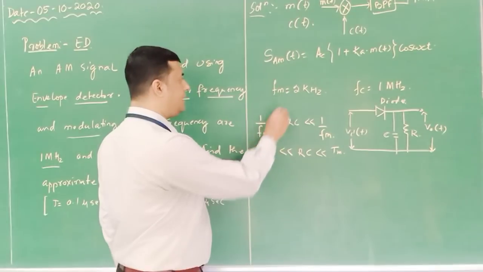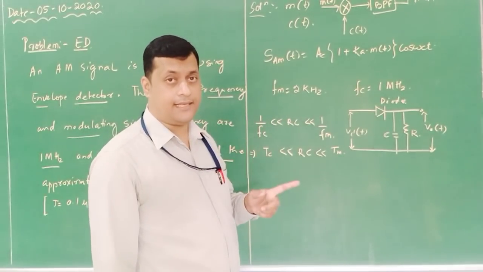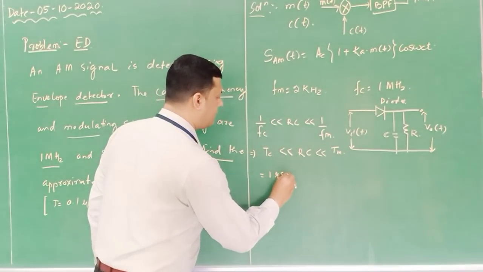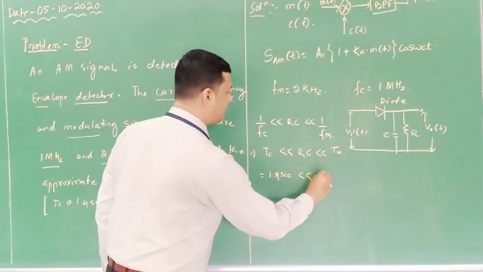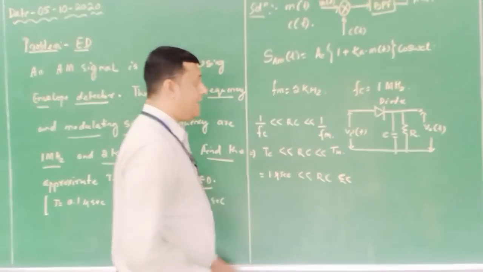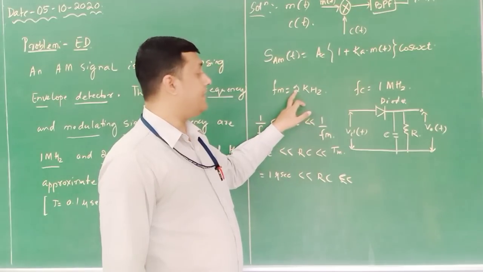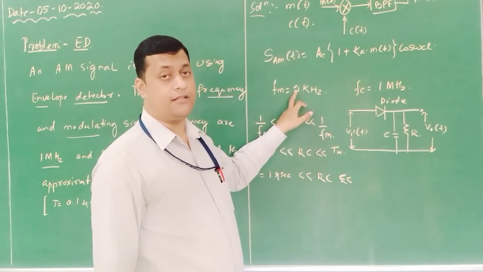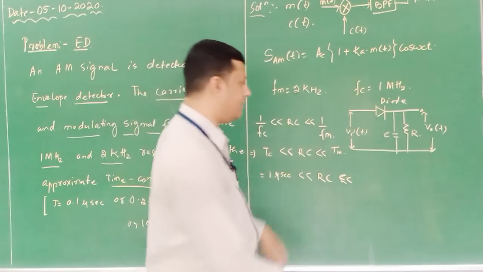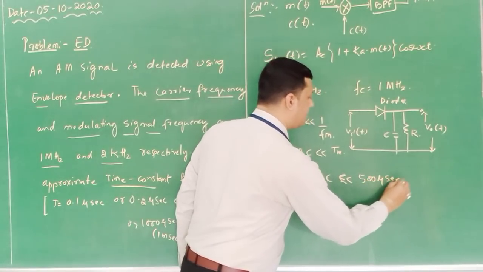So this time period we can calculate. How can we calculate Tc? 1 megahertz means 10 to the power 6. So 1 by 10 to the power 6 becomes 1 microsecond, which is very less than RC. Okay, and then what is Tm? Tm is 1 by 2 kilohertz. So 2 kilohertz means 0.5 millisecond, or you can write 500 microsecond.